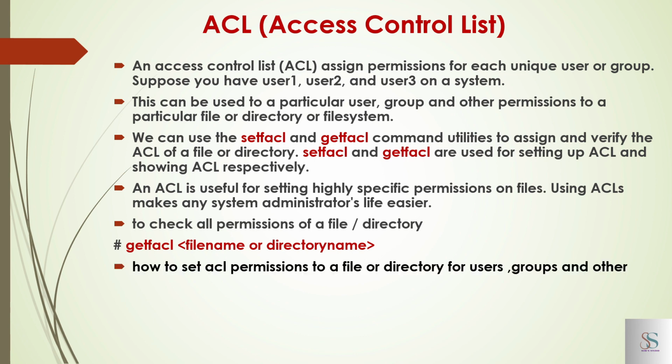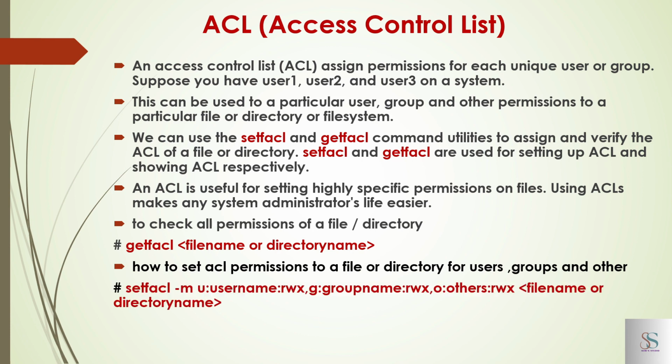How to set ACL permissions to a file or directory for users, groups and others. These are the commands. -m for modify, -x for remove. -b also we have. -b means it will delete all permissions on the particular file or directory. So m means modify, x means remove, b means remove all permissions.